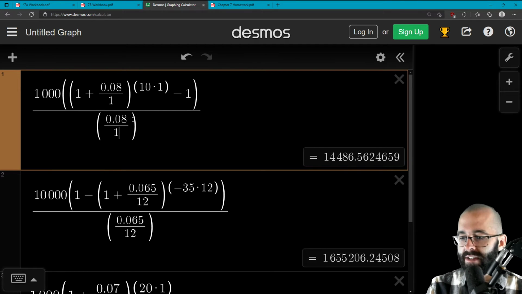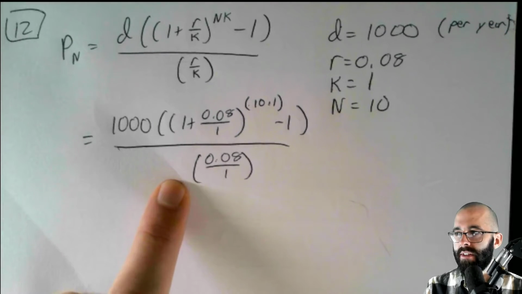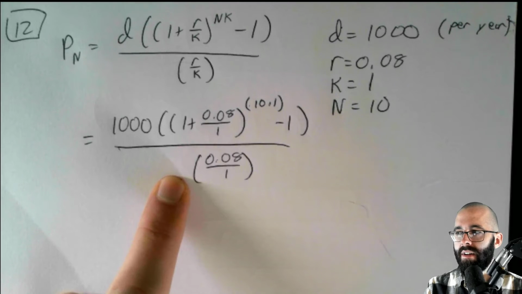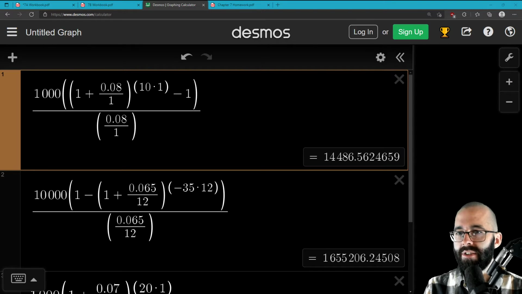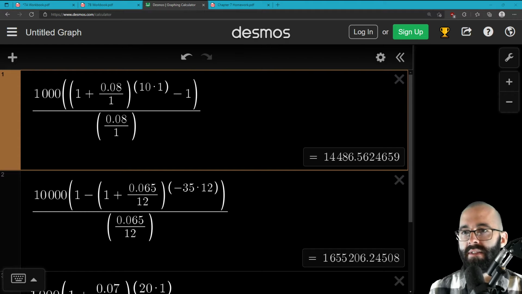And before you write your answer down, look at Desmos. Look at your calculator. Make sure that this matches this. Yeah, looks like it matches. Well, then this is our answer: $14,486.56.